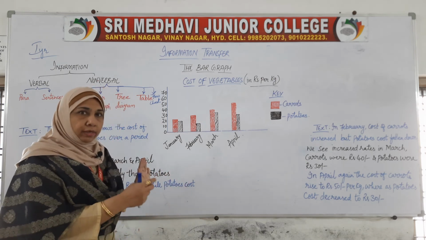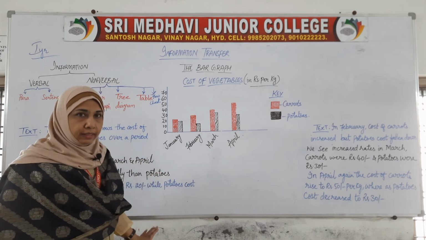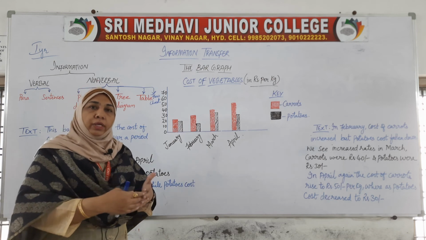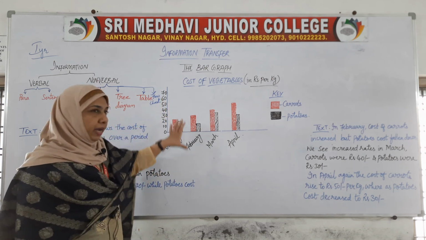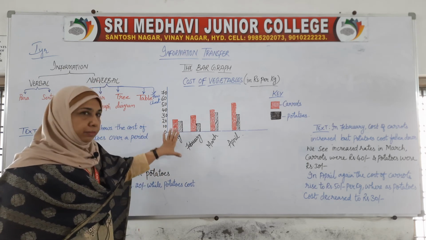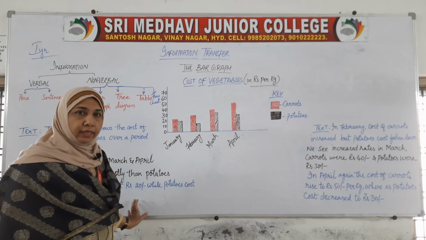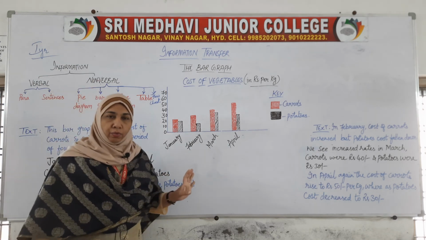I wanted to make it clear how to write these sentences. There is no need to go into the depth of a detailed description. The immediate facts that you can see from the bar graph or any diagram, you have to mention in the paragraph. I hope you have understood well.